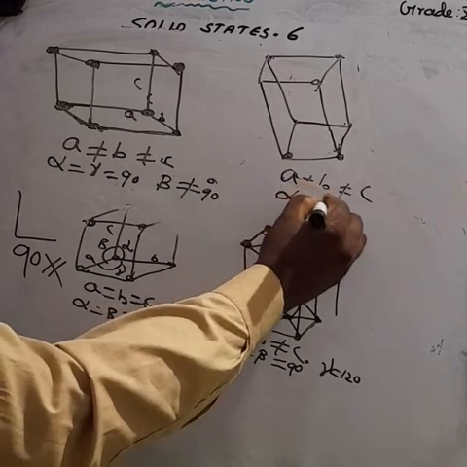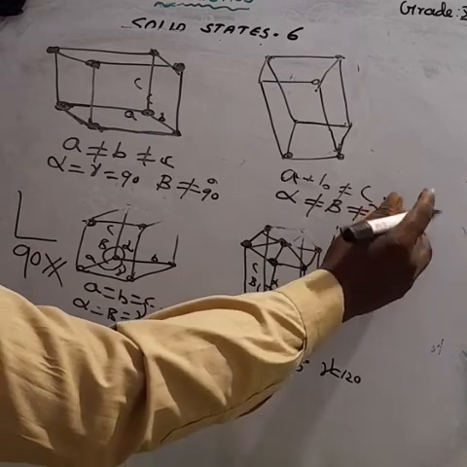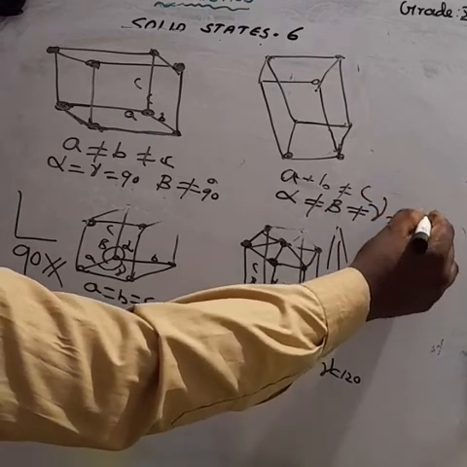Alpha is not equal to beta, beta is not equal to gamma, gamma is not equal to 90 degrees.